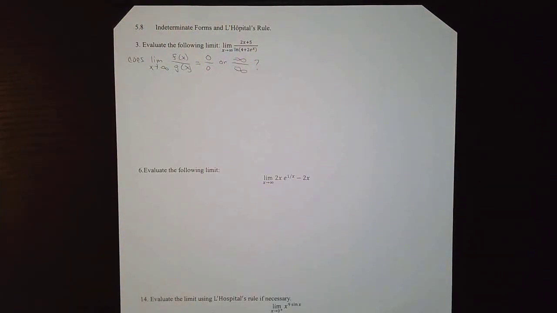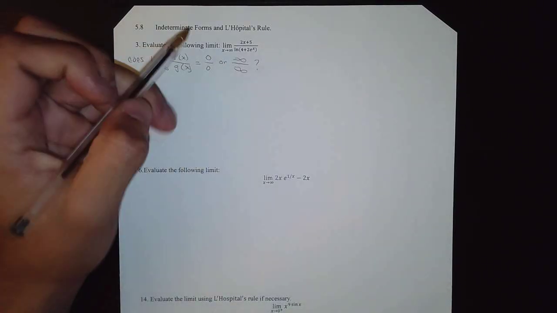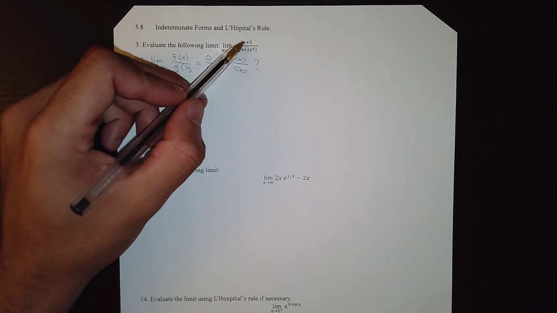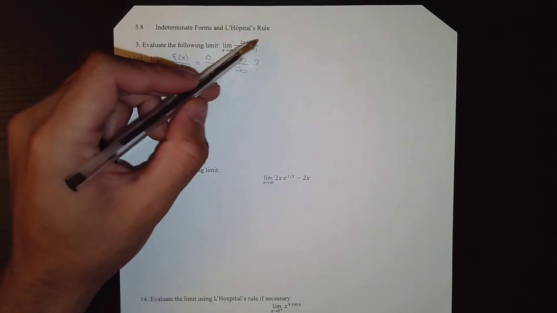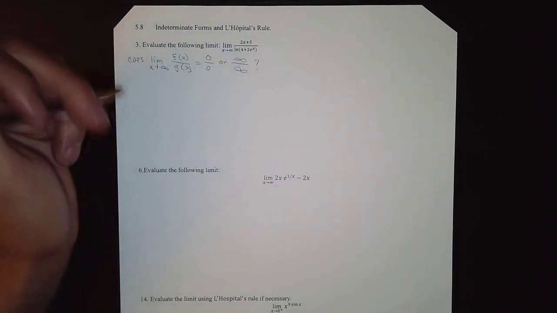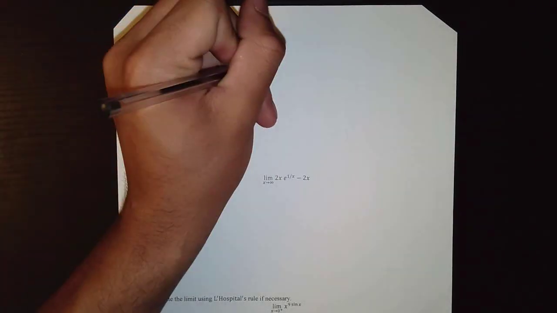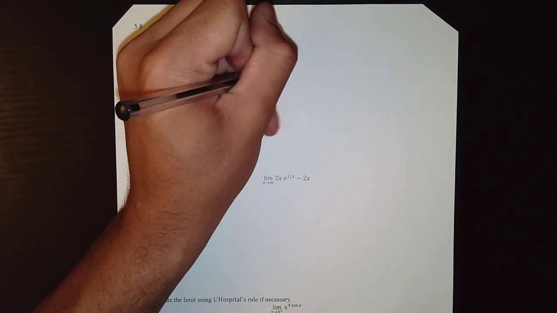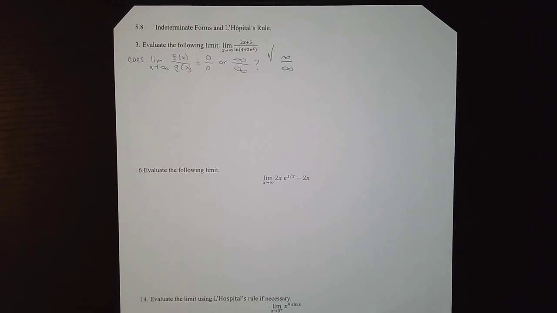So our first thing is to check if this is true. Well, when we plug in infinity, we would get infinity over infinity. And so this statement is true. This is the form.